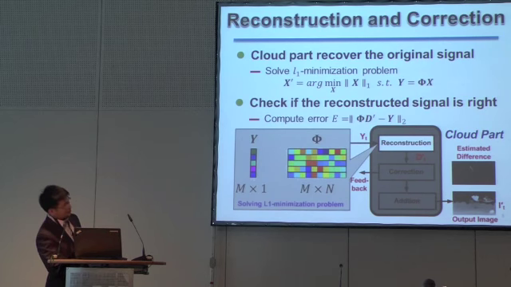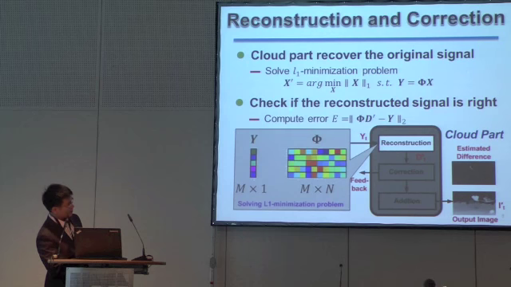The third idea is the reconstruction and correction mechanism. The cloud will recover the original signal by solving an L1 minimization problem, whose definition is on the slide. After solving it, we get an estimated difference, in this case D prime.